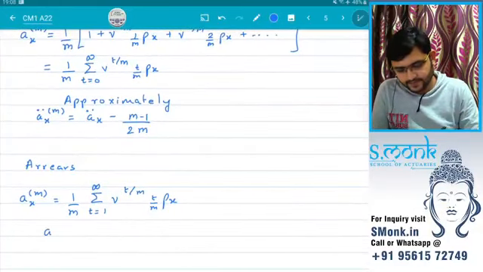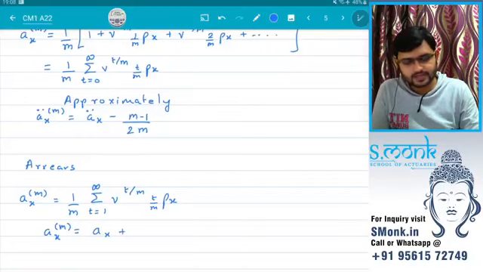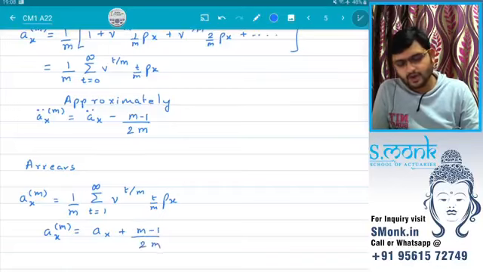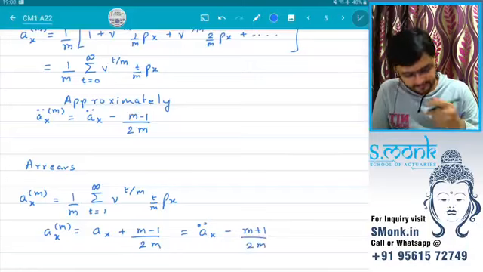And then we say a_x payable m times should be equal to a_x plus (m−1)/(2m), or you can write this in terms of ä_x as well. You will get ä_x minus (m+1)/(2m).